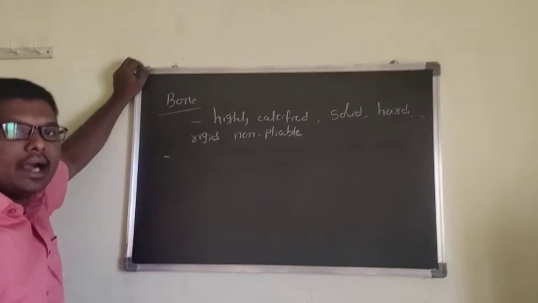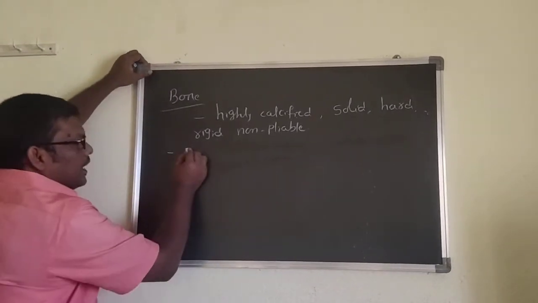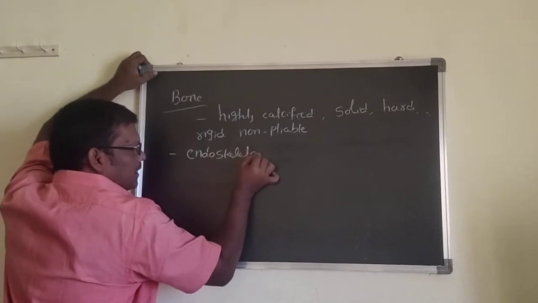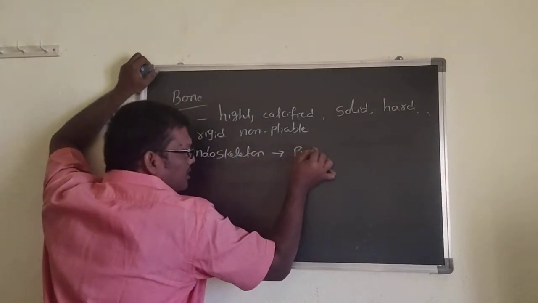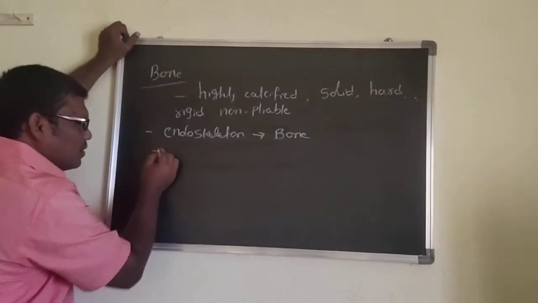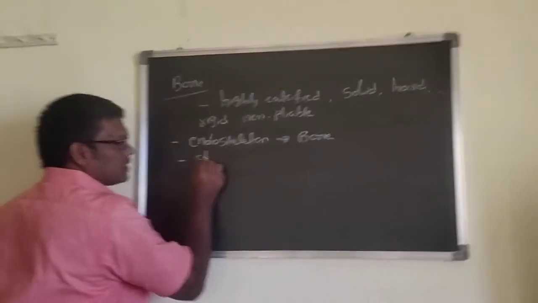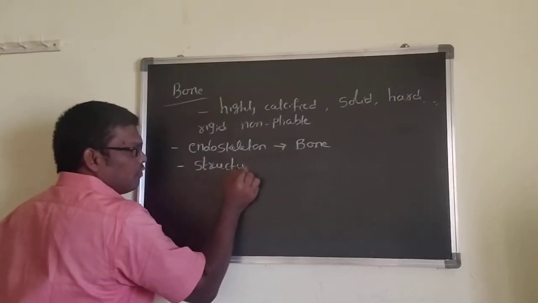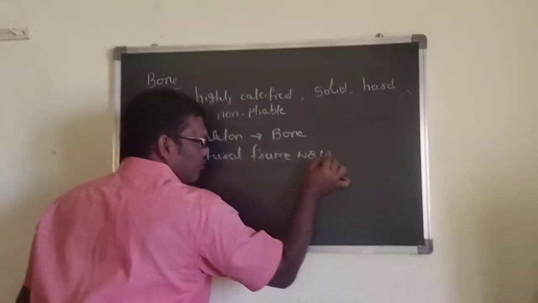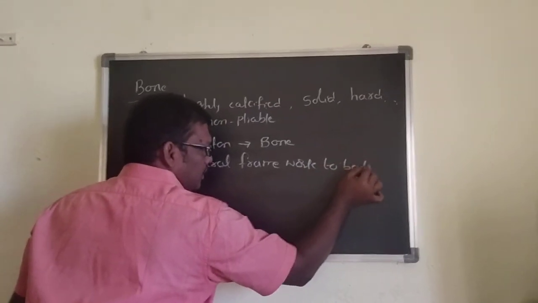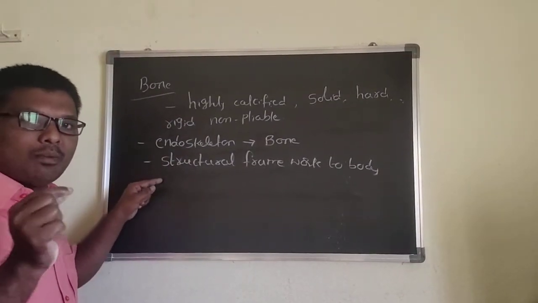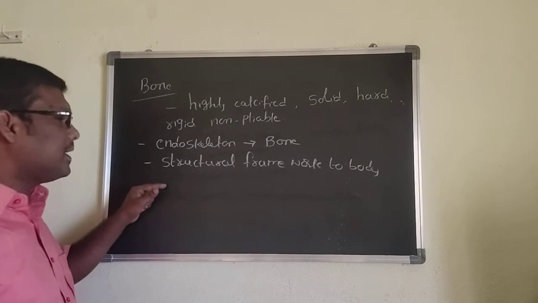In adult vertebrates, the endoskeleton is made up of bones, and it gives the structural framework to the body and protects the internal organs.